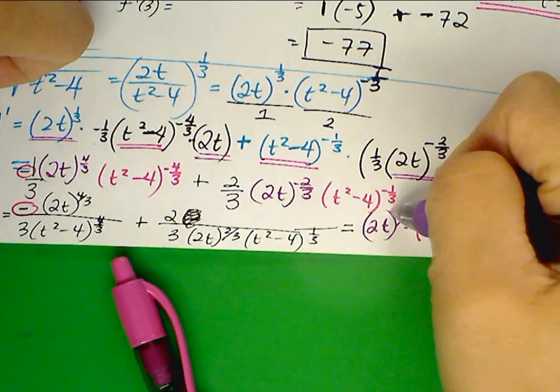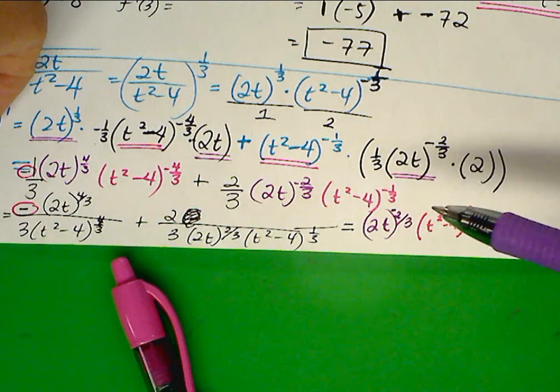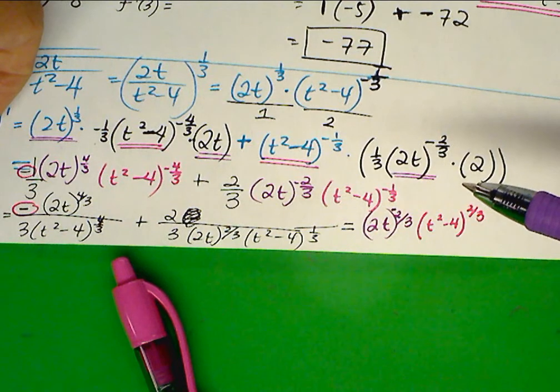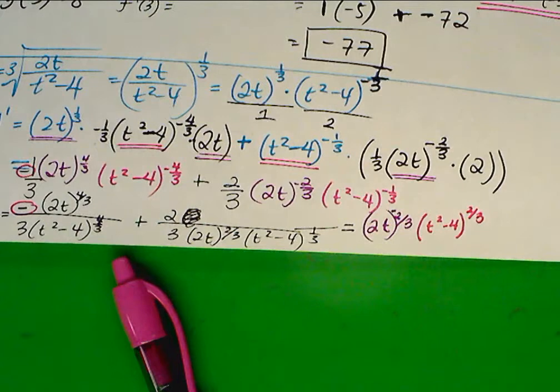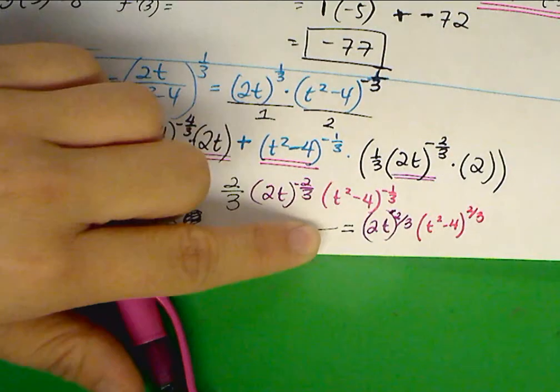Was it 2t on the top or the bottom on the answer key? Just regular 2t on the bottom. So yeah, let's take out a negative 2t.